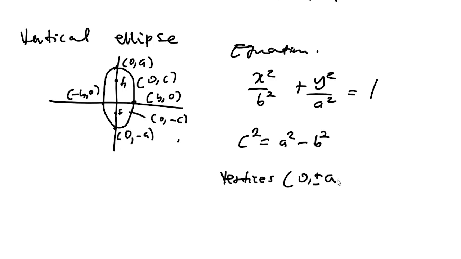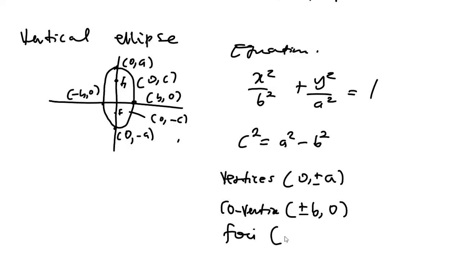plus or minus a. Then we have our co-vertex being plus or minus b, 0. Then our foci will be 0, plus or minus what?